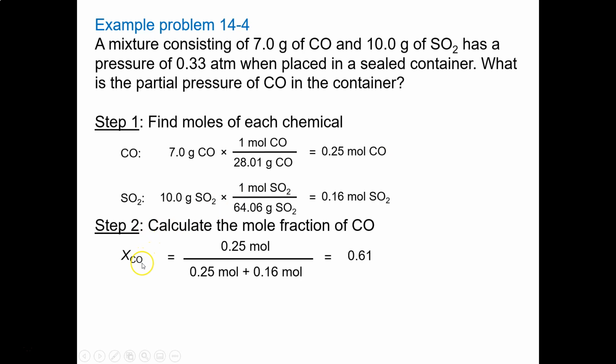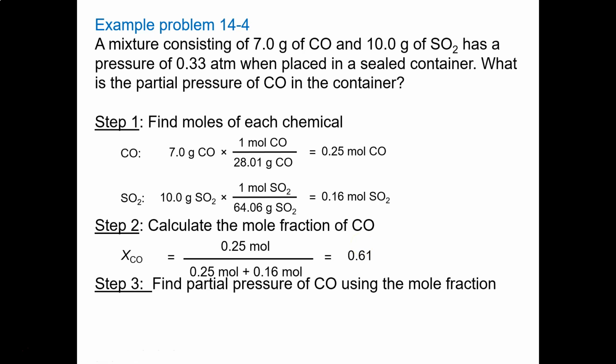So the mole fraction of CO is equal to the moles of CO, which is what you just found up here, over the total number of moles. And that is simply the moles of CO plus the moles of SO2. After you divide that, you get this number with no unit.